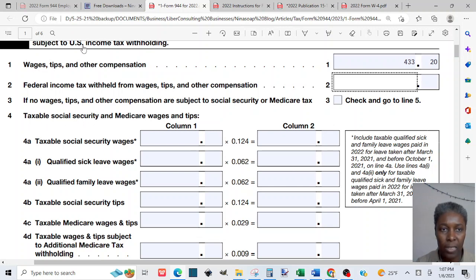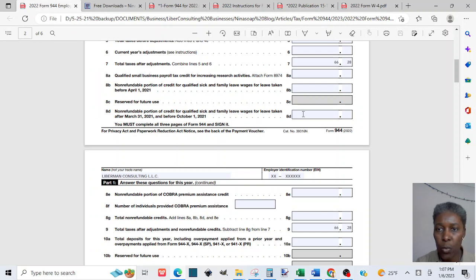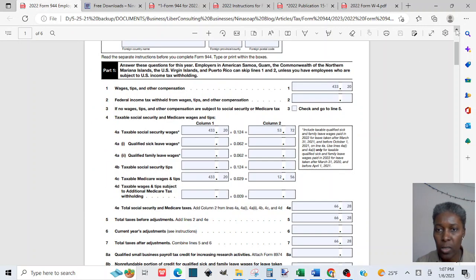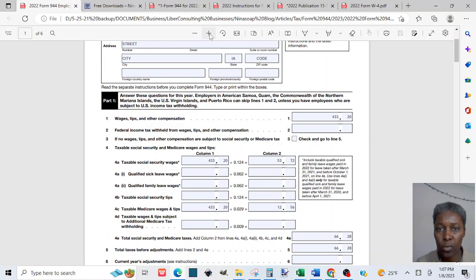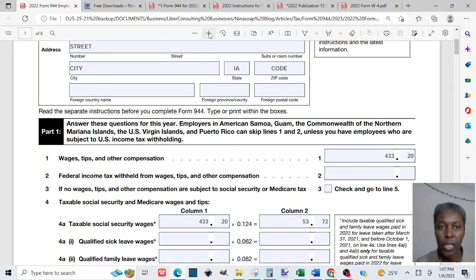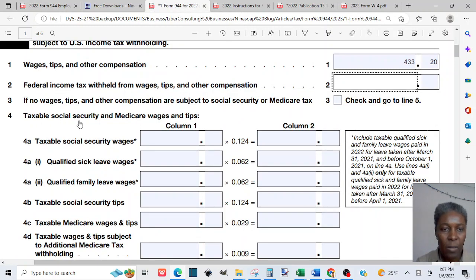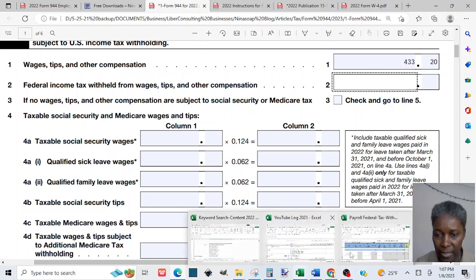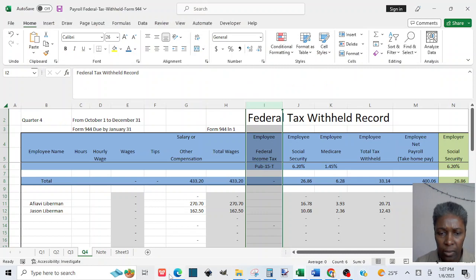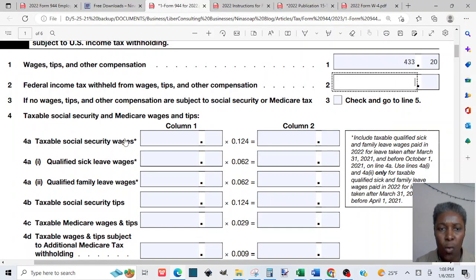Taxable Social Security, and I have an example here that we can reference because that's what our end result will be. Okay, so let's go back to the one we are working on. So taxable Social Security and Medicare wages and tips. So line 4, taxable Social Security wages. You'll go back to your payroll spreadsheet and they are asking you for the total wages that are subject to Social Security tax.